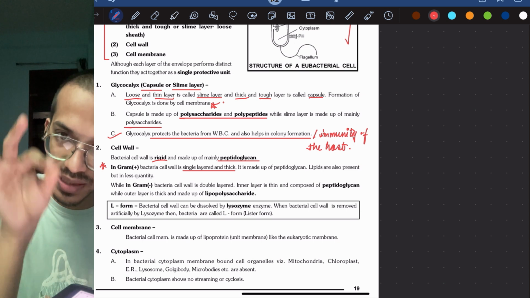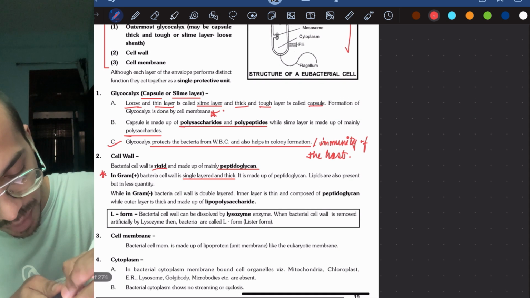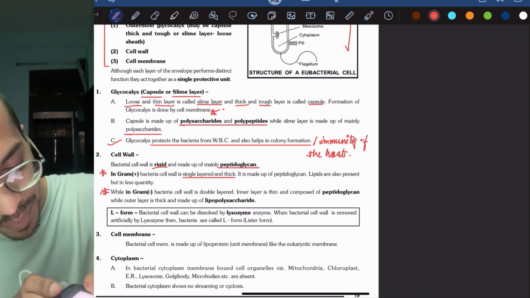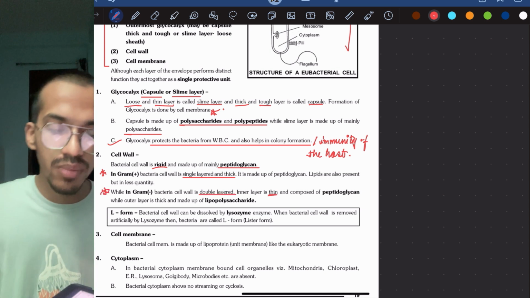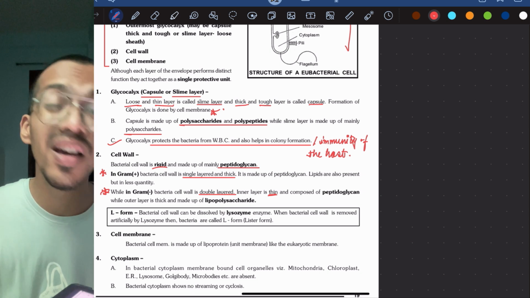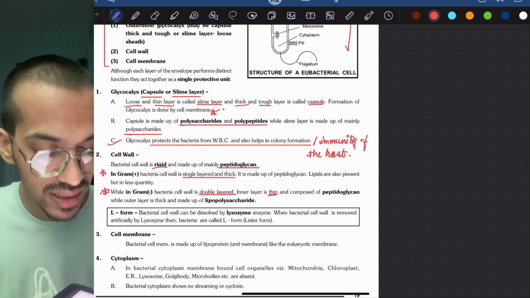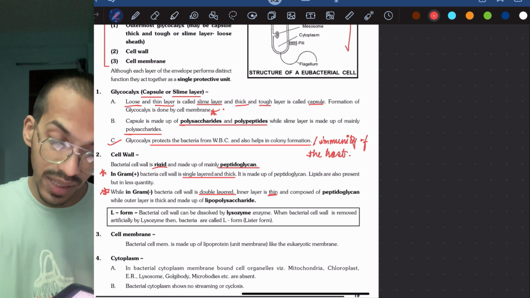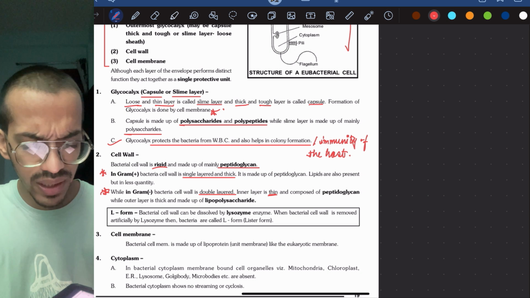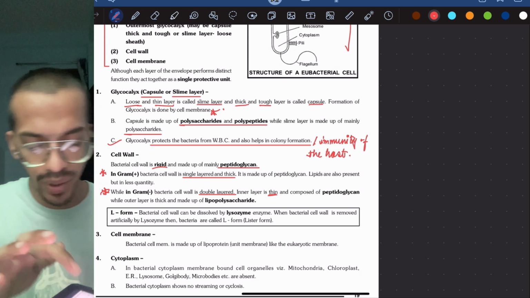These organisms have a single, thick layer, whereas gram negative bacteria are double layered. Their inner layer is thin, and it is also composed of peptidoglycan, but their lipid quantity is comparatively higher. L form bacteria will be dissolved by lysosome enzyme, but we don't have to remember this L form at all. For now we can leave this point.